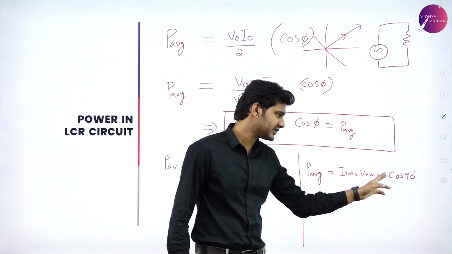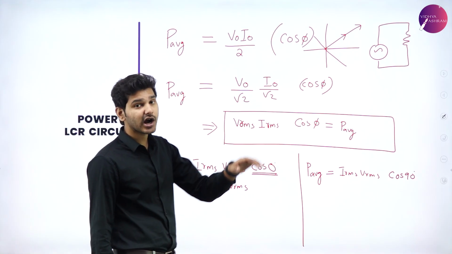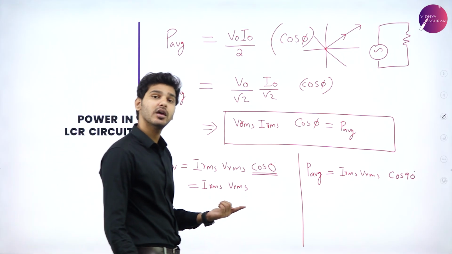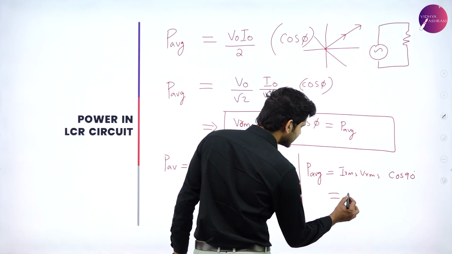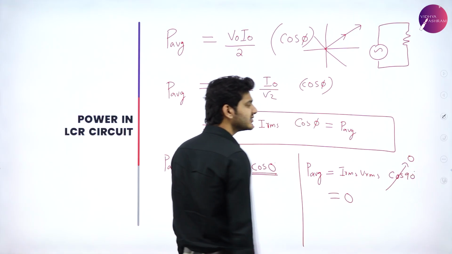So this will be equal to cos 90 degrees, which means the average power output of a purely inductive or capacitive circuit will be equal to 0, as cos 90 is nothing but 0.